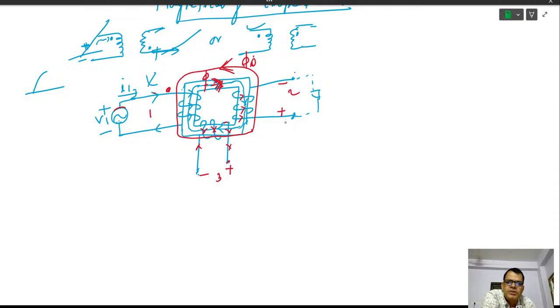For this coil, the dot will be here. For this coil, the dot will be here. So normally we can draw it like this. This is the dot. For this coil, the dot is here, and for this coil, the dot is here. Coil 1, 2.